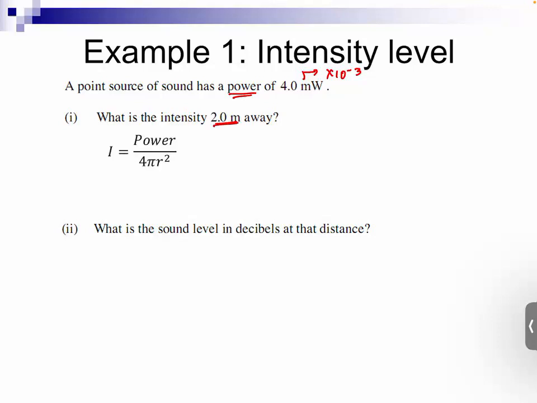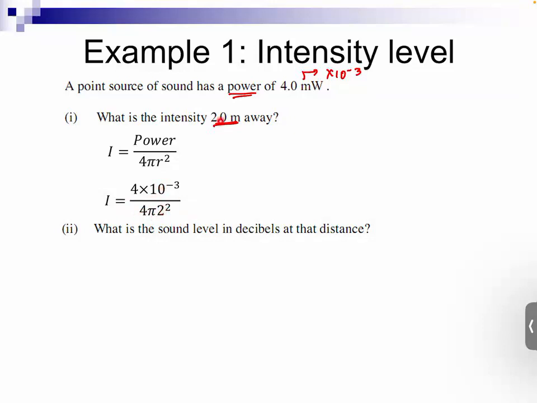Previously we learned that intensity is related to power over area. In this case, we are able to calculate the intensity because we're given the power, 4 milliwatts. Don't forget the times 10 to the minus 3, converting milli to watts. And then the area, 4 pi r squared.